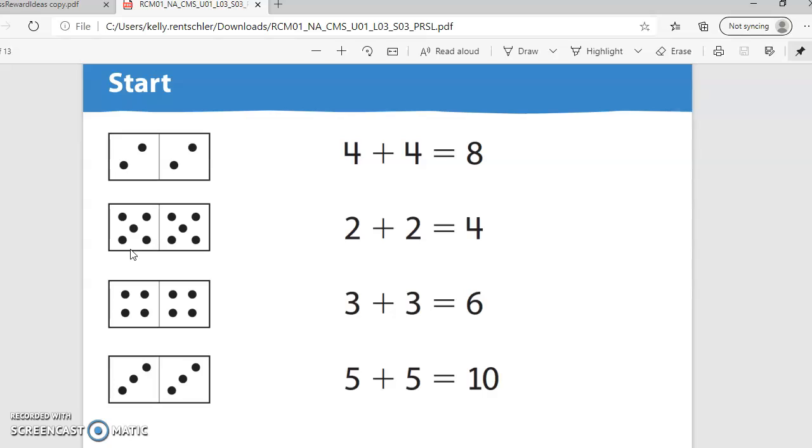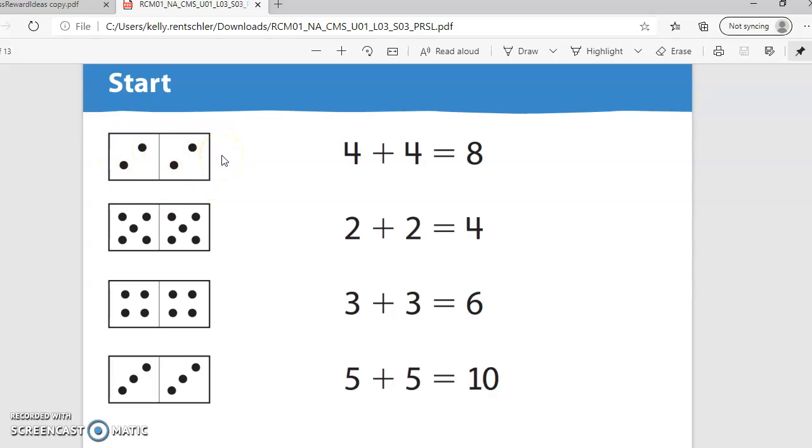So looking at the dominoes, there's 2 and 2. 2 plus 2 is 1, 2, 3, 4.